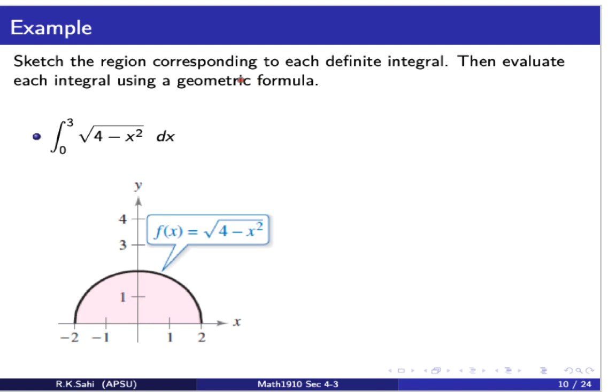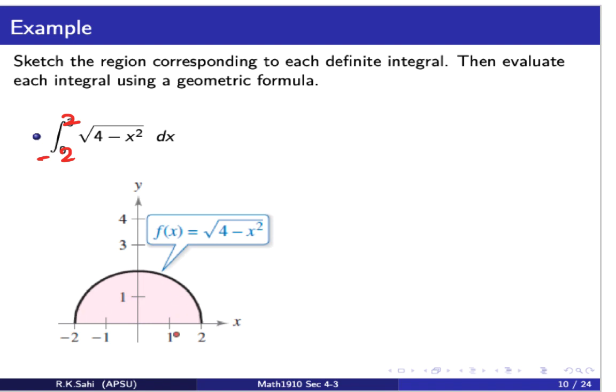Here we are given the integral of the square root of 4 minus x squared. Now this is a semicircle. There's a typo. It should be minus 2 to 2, not 0 to 3, sorry. Minus 2 to 2 of the square root of 4 minus x squared dx.